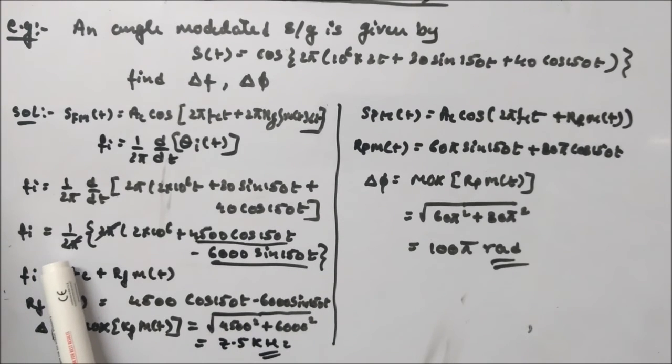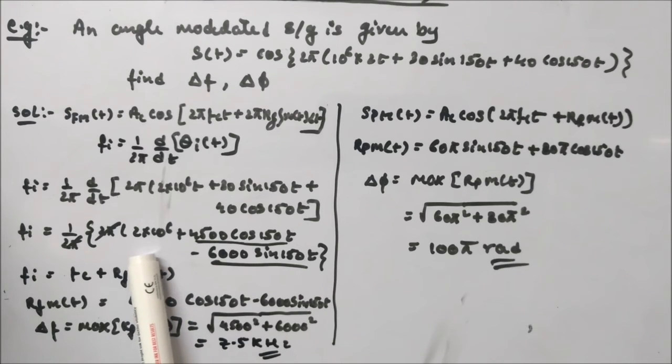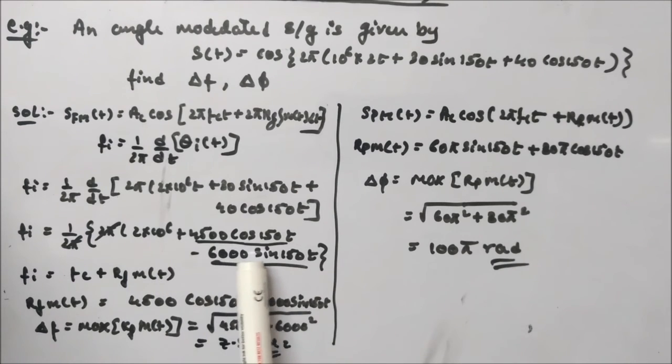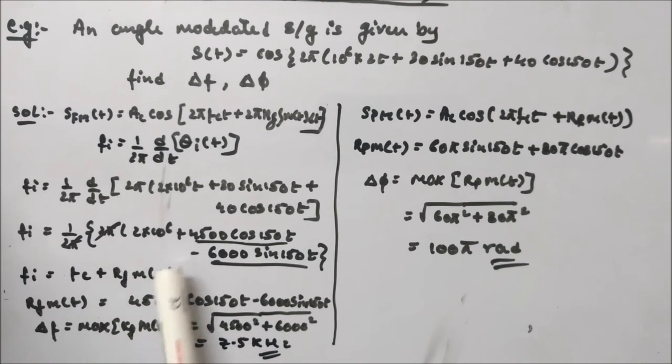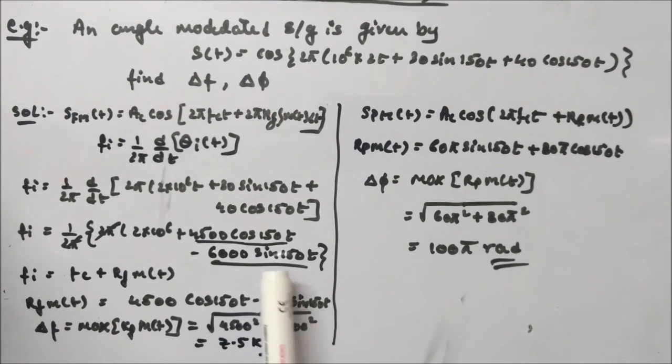Now if you differentiate it, 2π will get cancelled, and after differentiation what you get is 2 into 10 to the power 6 plus 4500 cos 150t minus 6000 sin 150t. If you compare with the equation f_i is equal to f_c plus K_f into m(t), K_f into m(t) will be this part: 4500 cos 150t minus 6000 sin 150t.